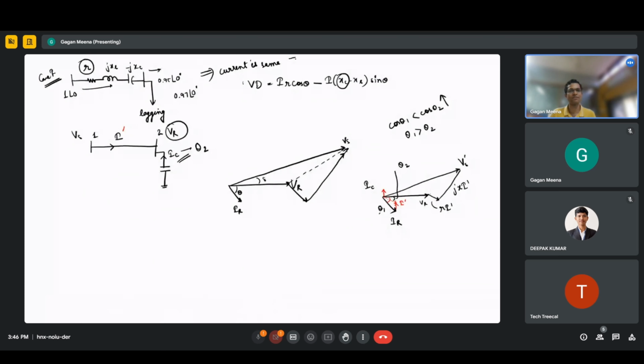So here there is not much change in power factor as compared to the shunt one. In this case, we are changing the impedance of the line, but in the shunt case we are not changing the impedance. We are actually changing the current flowing through the line. The capacitor is providing that current, the reactive component.